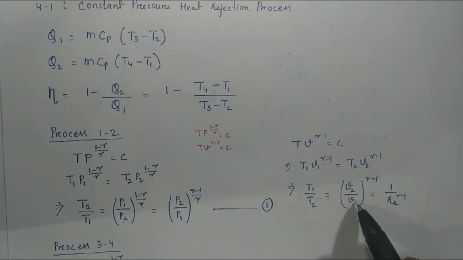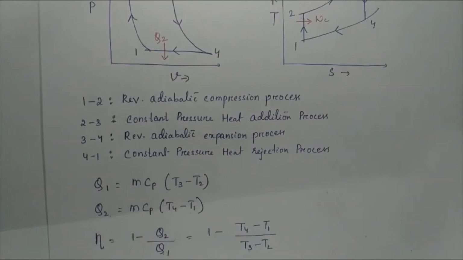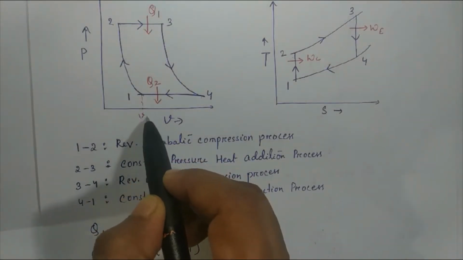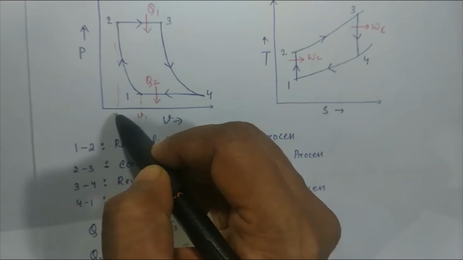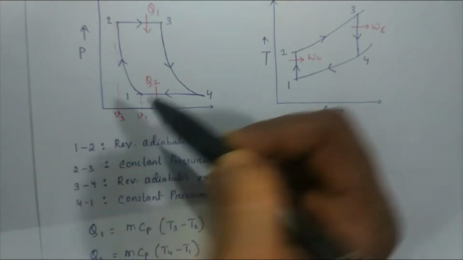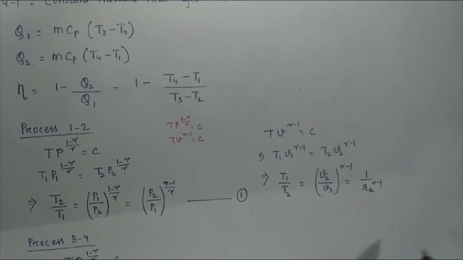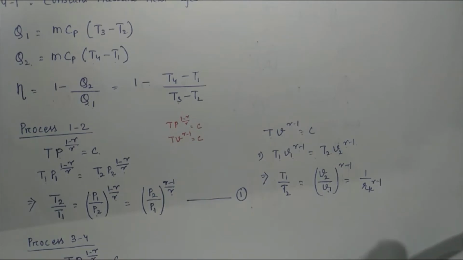The compression ratio for the reversible adiabatic compression process is V1 by V2, where this is the maximum volume and this is the minimum volume. So the compression ratio Rk equals V1 by V2, and V2 by V1 equals 1 by Rk, so T1 by T2 equals 1 by Rk to the power (gamma minus 1).